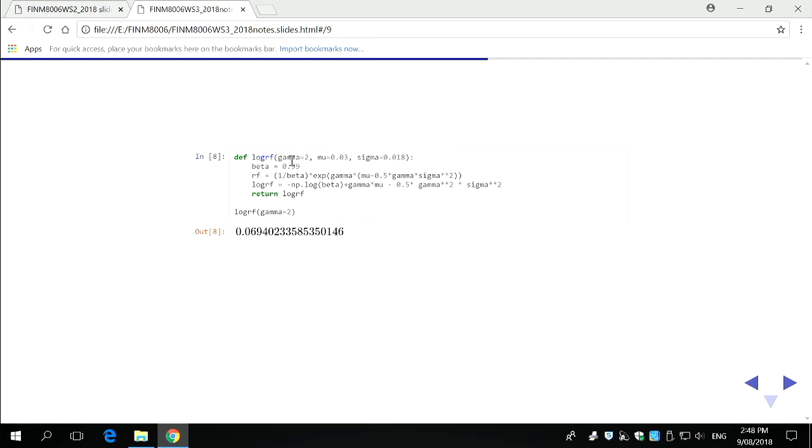I assume gamma equals 2, mu equal to 3%, what we see from the data, sigma equals to 0.018, and then just plug in the formula for log Rf. I get, well, log Rf equals to about 6.7%.